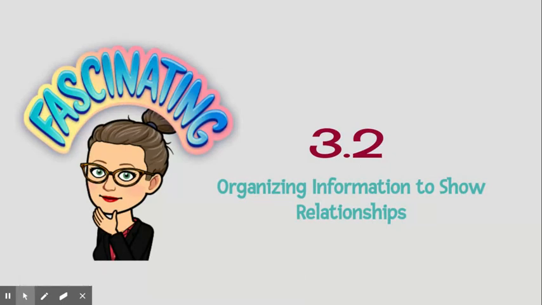Now, our second section that we're going to look at today involves organizing information to show relationships. Once you've collected the data through the research process, you have to find some way to organize it. Organizing includes two processes: grouping and strategizing.